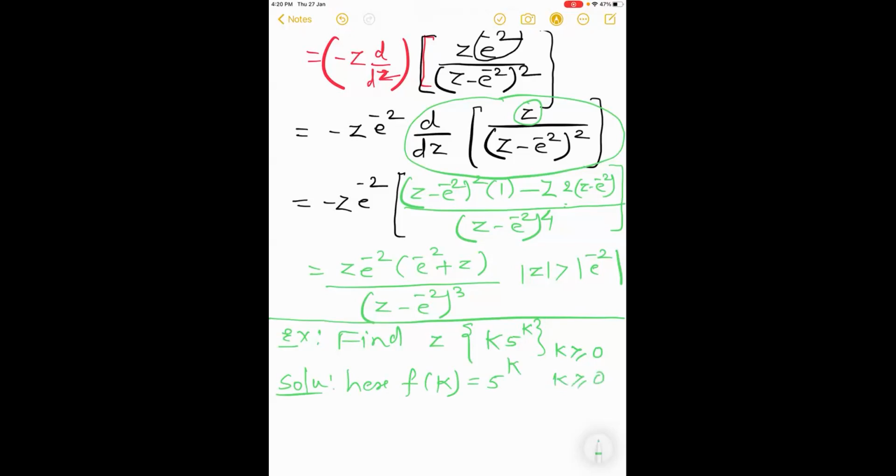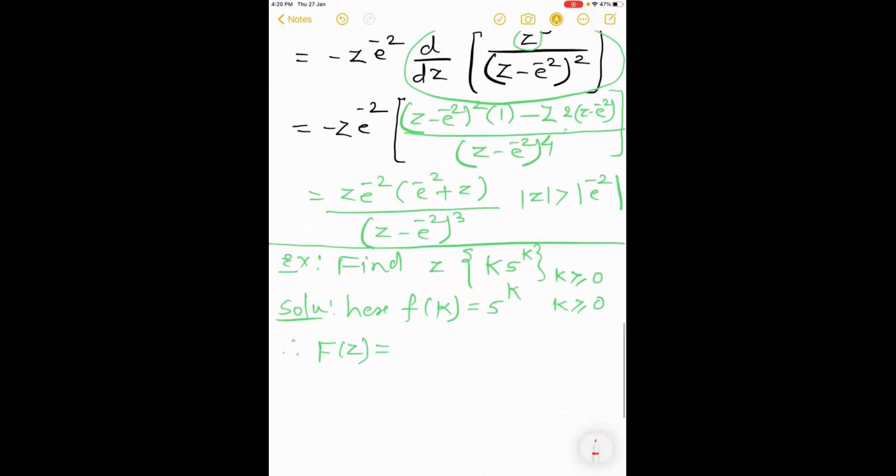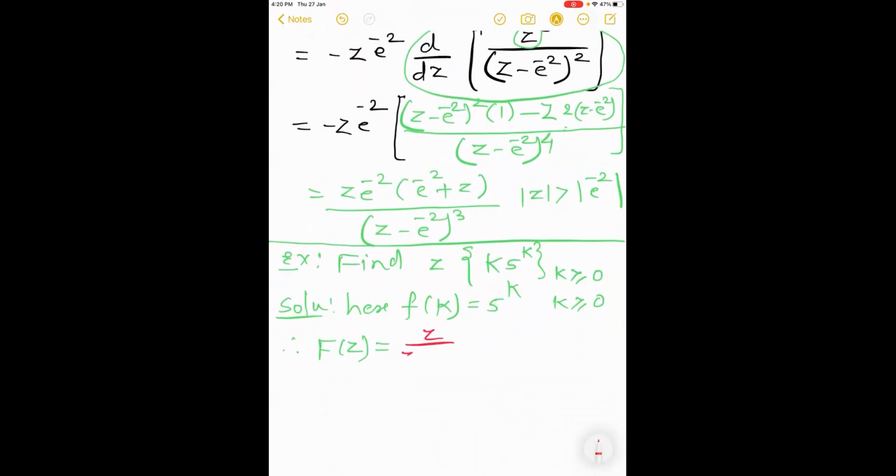So what is F(z)? z upon z minus 5. Yes, very good. That's the transform of 5 raised to k, and the region of convergence is modulus of z greater than mod 5.